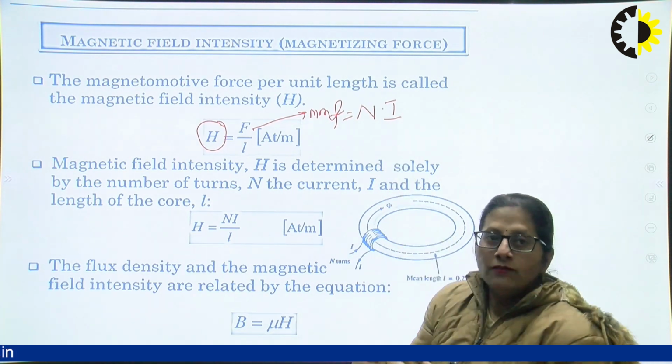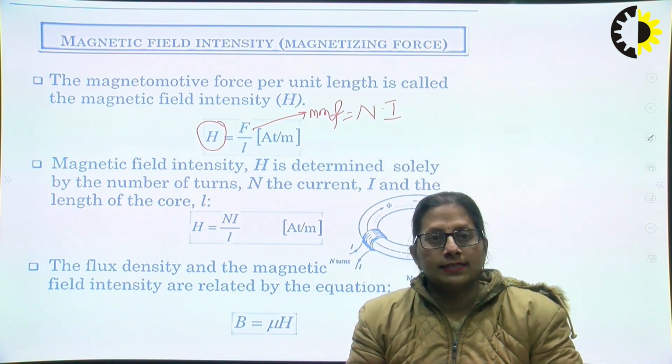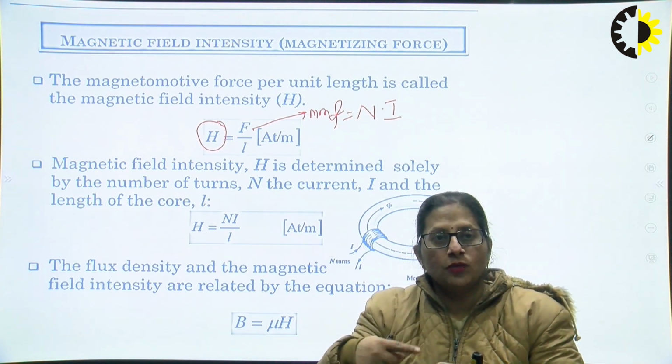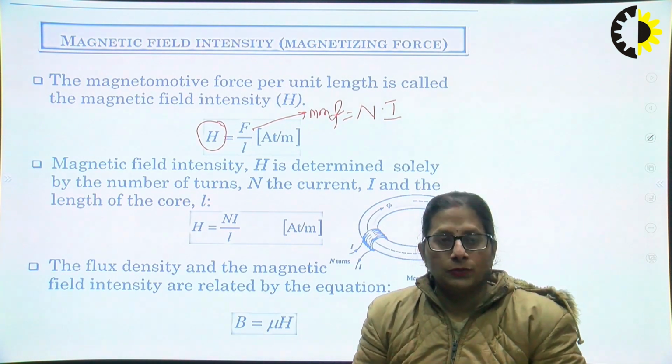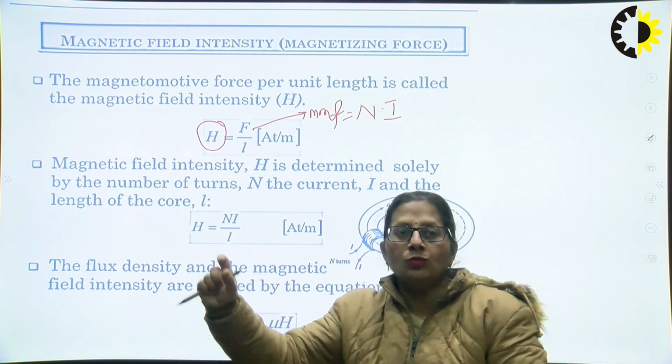Because to establish a flux, we need to have an exciting circuit. This exciting circuit has a certain number of turns and a current flowing through it, right? This N into I gives me the MMF, the magnetomotive force.